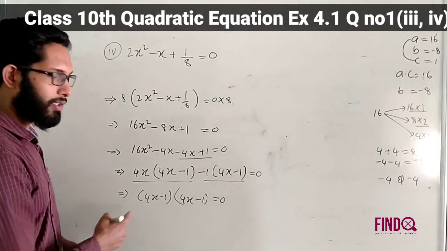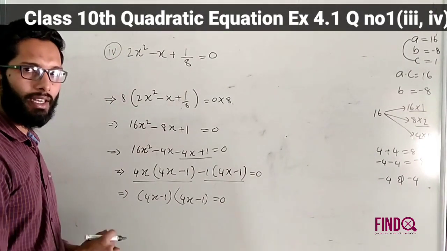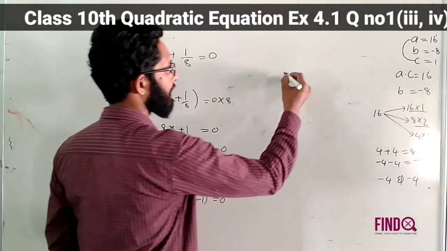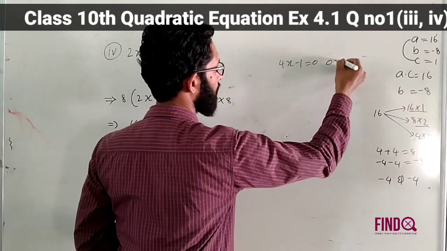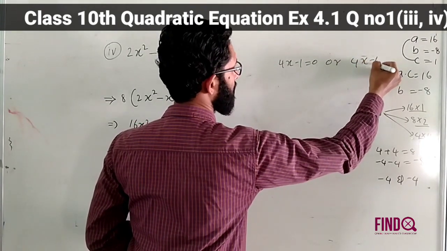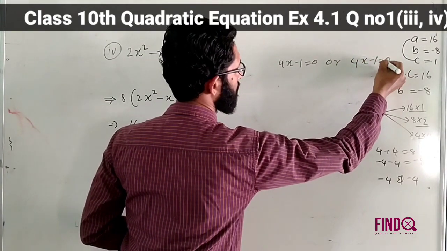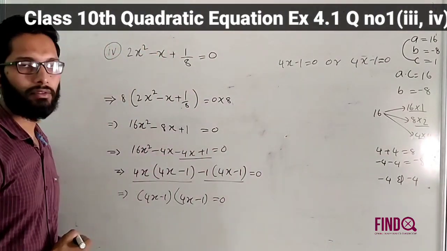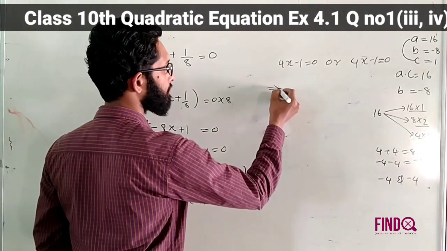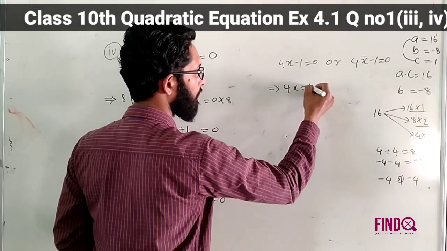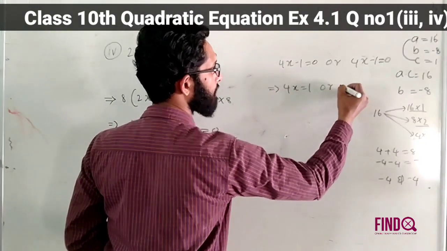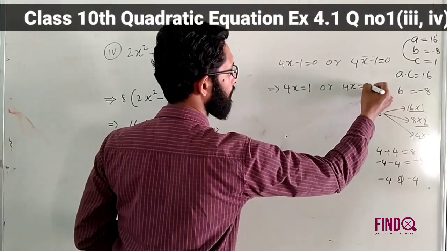Now, if the product of two numbers is 0, then any one of them is 0. Therefore we can write 4x minus 1 is equal to 0 or 4x minus 1 is equal to 0. It implies first change the minus 1, so 4x is equal to 1, or here also 4x is equal to 1.